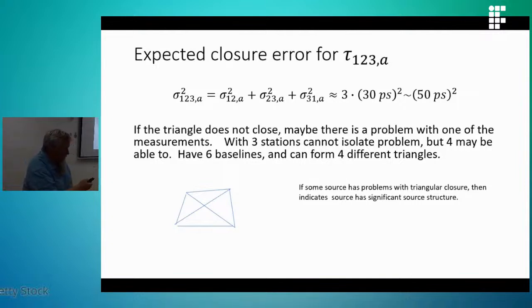For example, here I have 4 stations, 1, 2, 3, 4, and I have lots of different triangles. So I have this triangle here, this triangle there, and that triangle there. And if I find that all the triangles that have that station are bad, then there's probably something bad with that station. So that's just something that you can do.